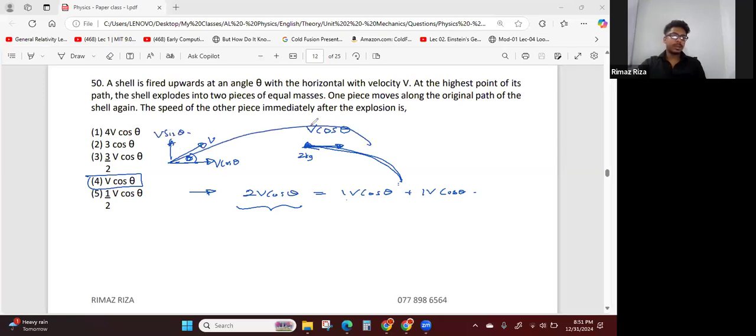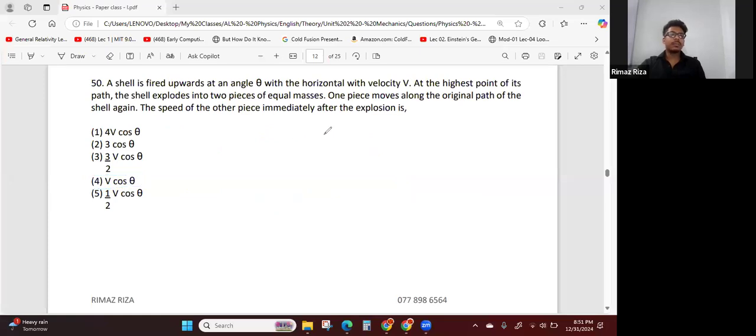At the maximum height, in projectile motion, the vertical component will be zero, only the horizontal component will be there. I assume the mass is 2 kilograms, so momentum is 2v cos theta. It divides into equal masses, so 1 v cos theta, 1 v cos theta. So the answer is v cos theta.